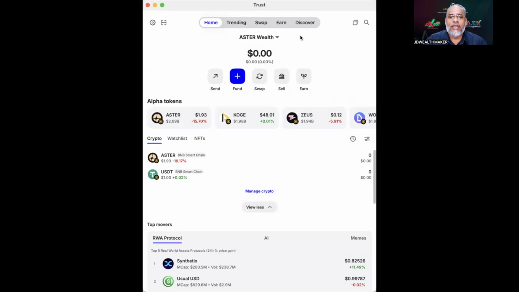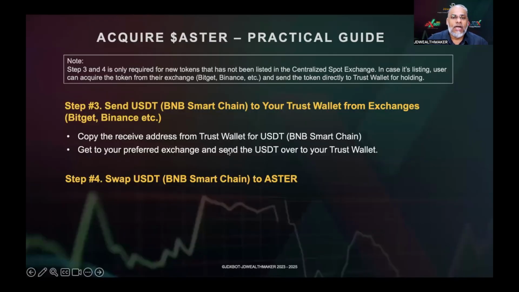Once the USDT arrives, you proceed to step 4: you swap the USDT to ASTER. Simple as that. So let's just wait for this fund to arrive.